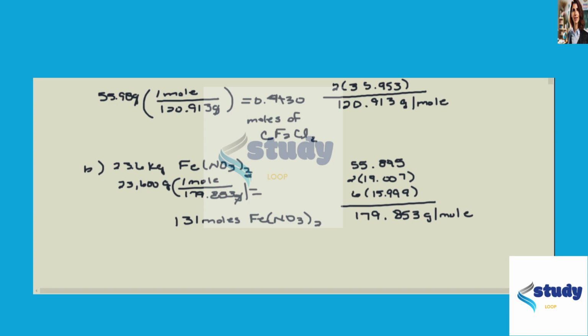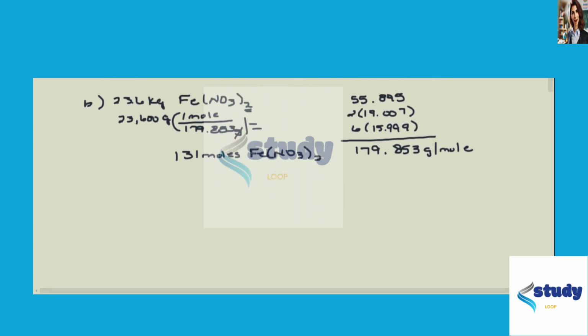Okay, the next one we have is 0.1187 grams of C8H8I8, and I believe this was I8. Carbon is 12, and I have 8, so I have to do 8 times 12.011.